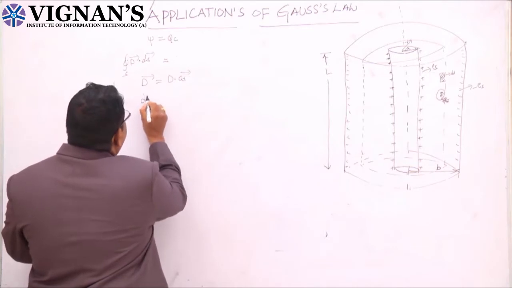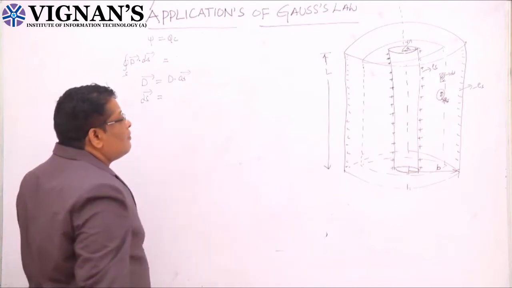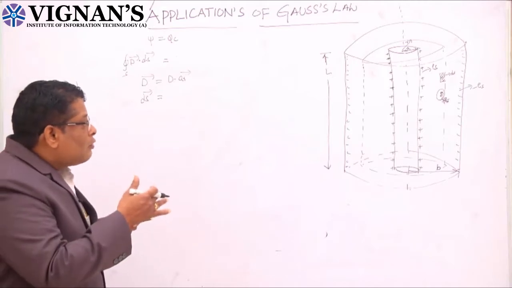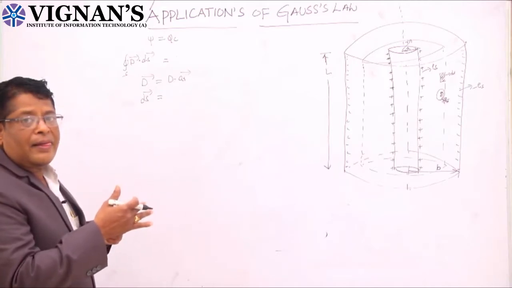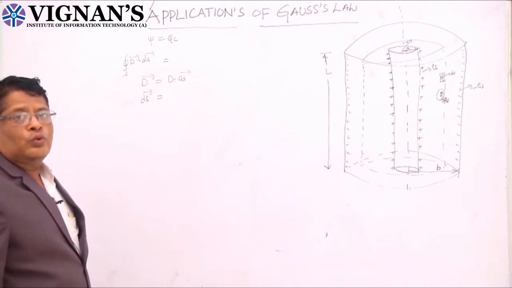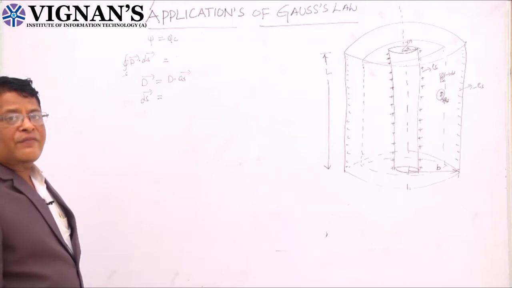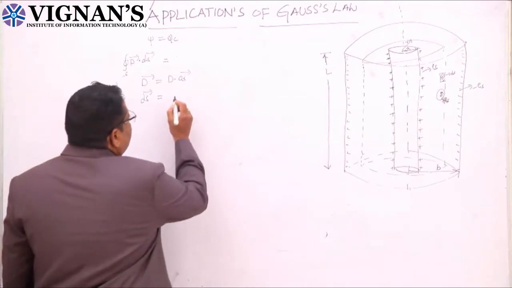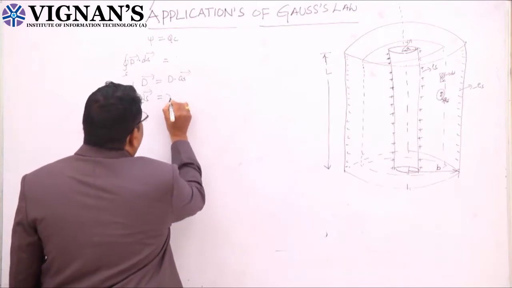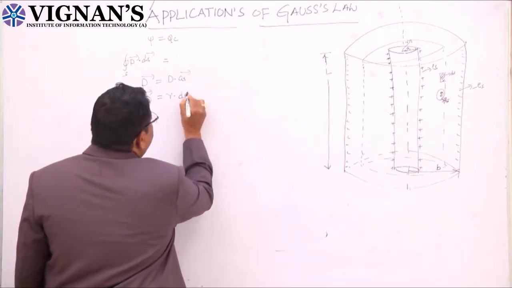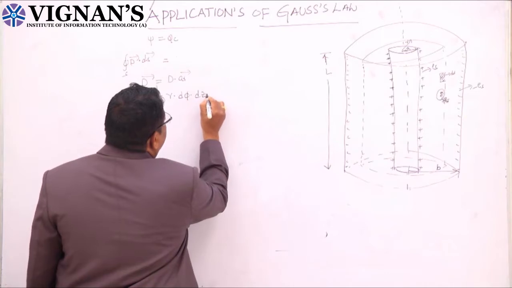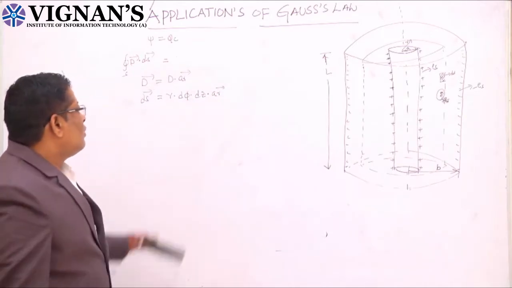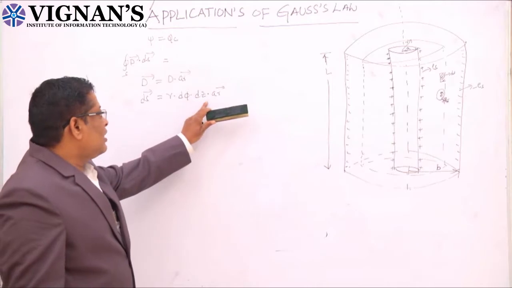So dS bar is a differential surface area which is perpendicular to the radius of the cylinder. Now dS bar equals r d phi dz a r bar.